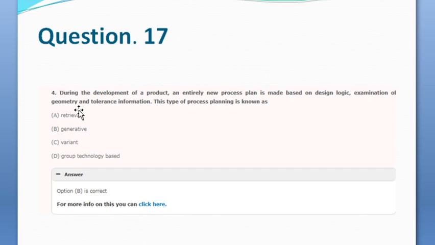Retrieval and variant are both the same. Group technology is one of the concepts in manufacturing and is not the correct answer. Retrieval and variant types use the already stored standard plan, retrieve the plan and modify the model. The generative type process plan generates a new plan based on design logic and the dimensions and tolerances of the drawing. So answer B is the correct answer.